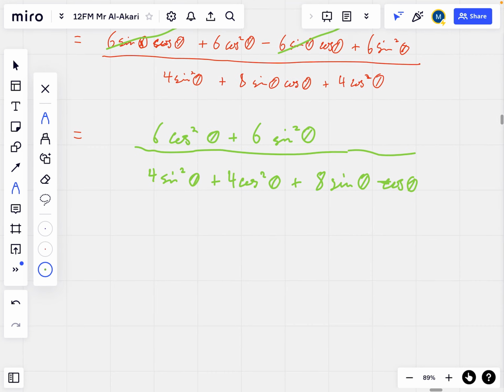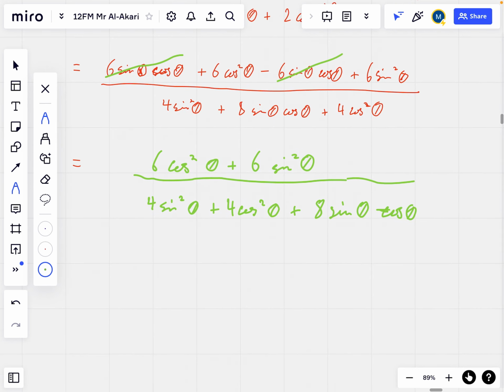Yeah, so you guys probably notice now, if we factorize out the 6, we have 6 bracket cos squared plus sine squared, and we know what cos squared plus sine squared is. And same with the denominator, we have 4 bracket sine squared plus cos squared. Sorry, I'm not writing the theta.